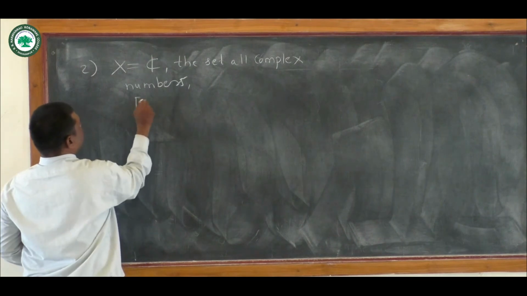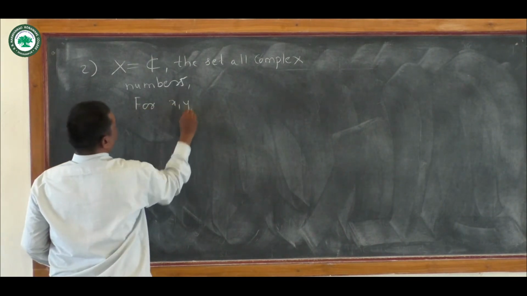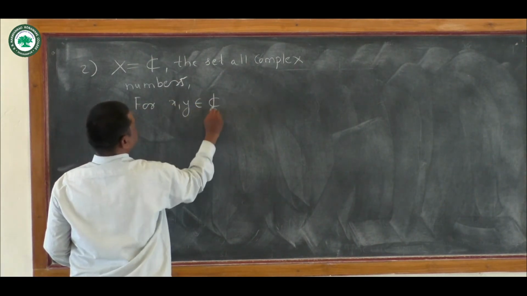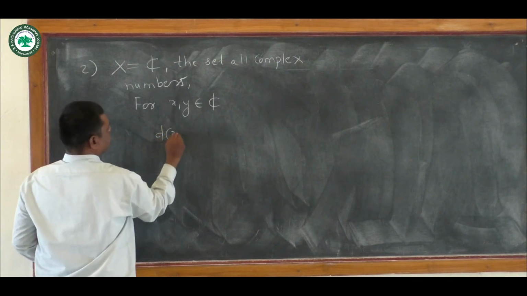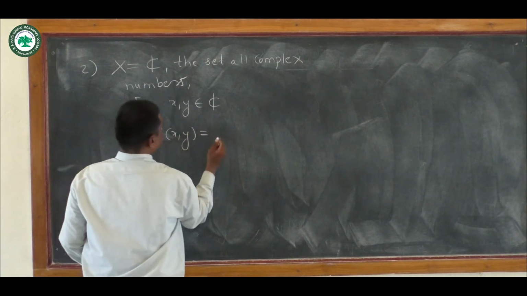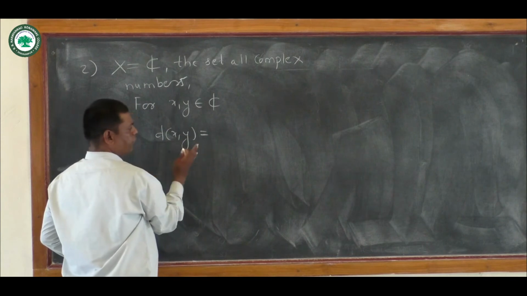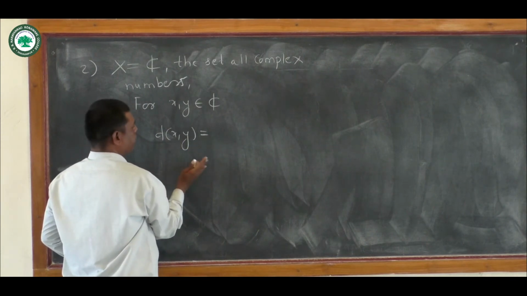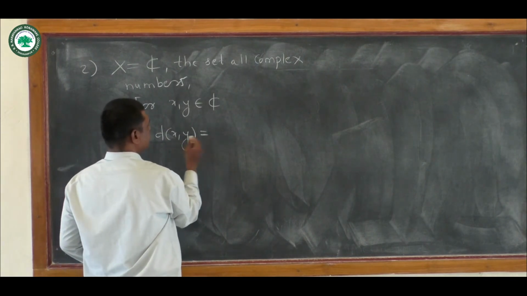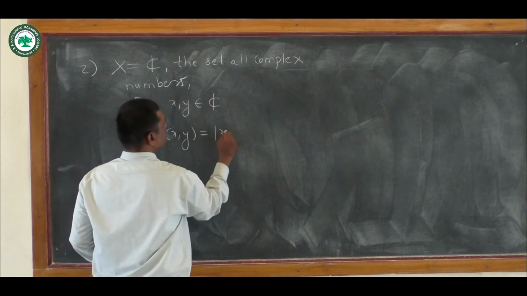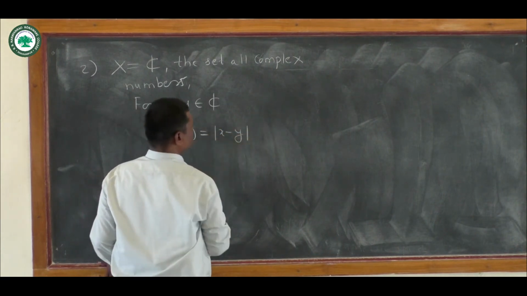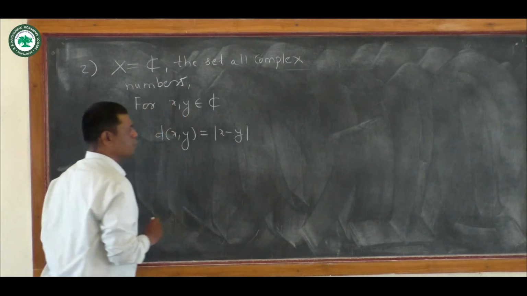Now for x and y belonging to C, define D of x comma y, or the distance between x and y, equal to the absolute value of x minus y.